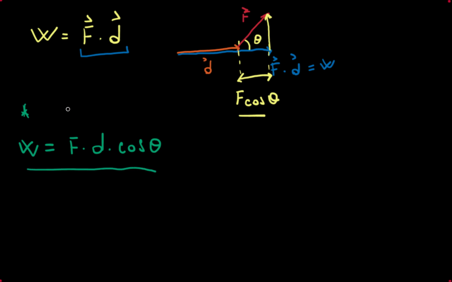And this is the case if your distance and your force do not align, and they do not align by this angle right here. But overall, where this comes from is this multiplication of two vectors. You have seen this before.